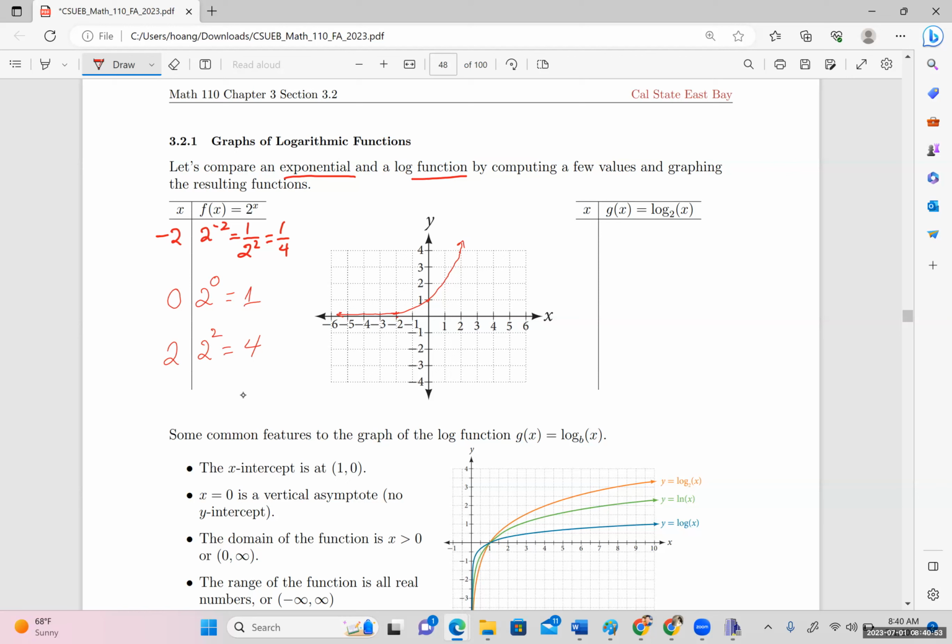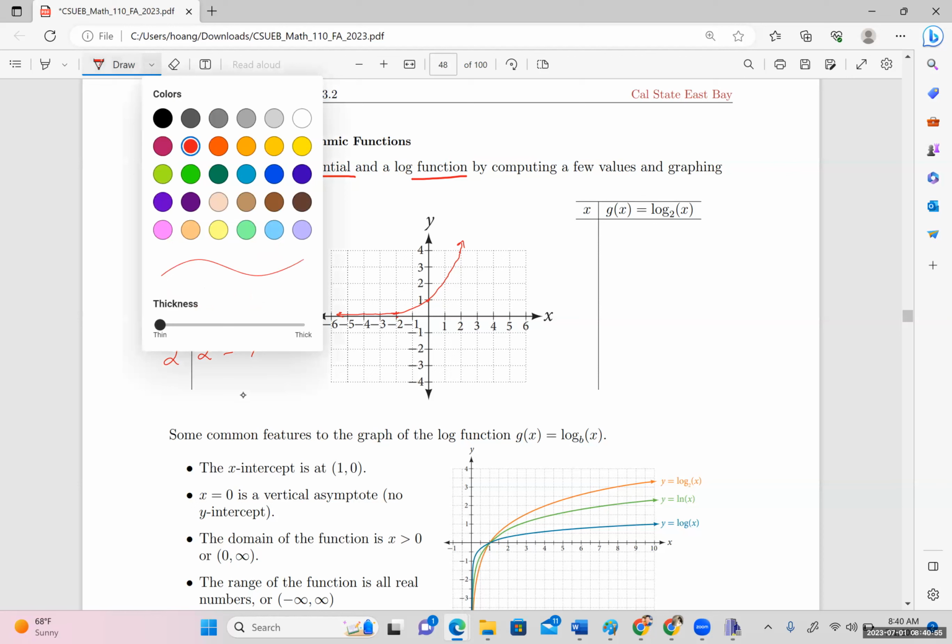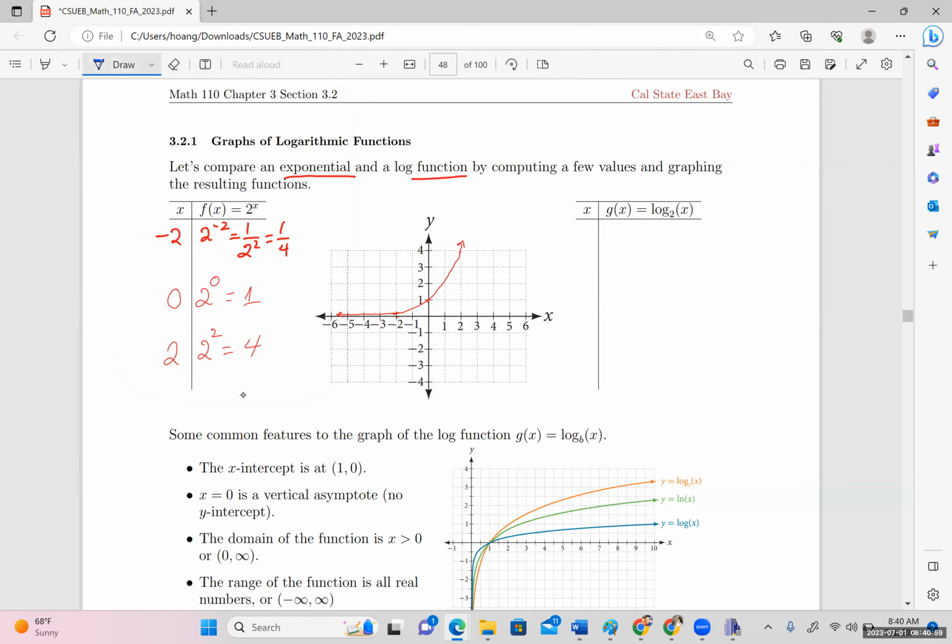Okay, so on the other hand, we'll use a blue one, and we have log base 2 of x. Since these are inverses of each other, for x in this case I don't want to use negative.